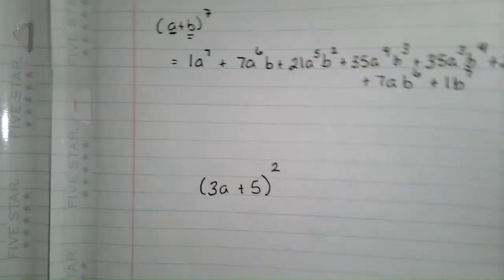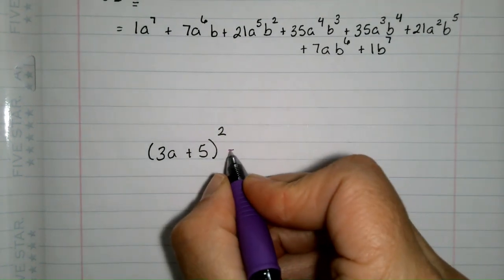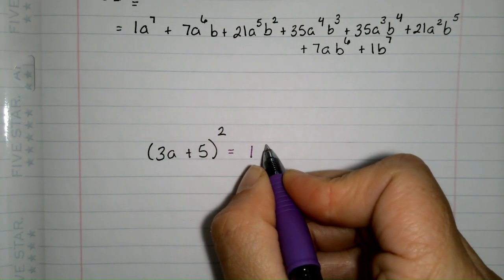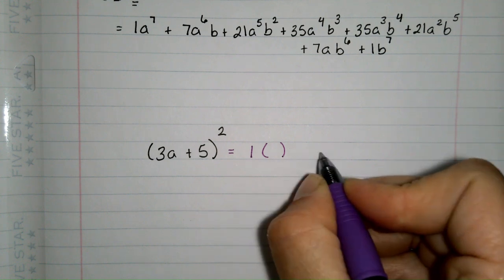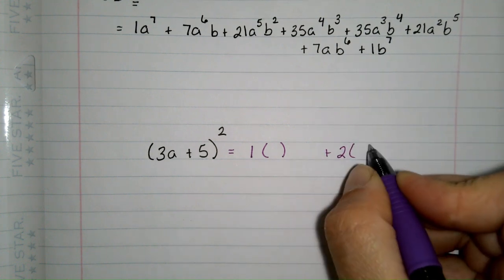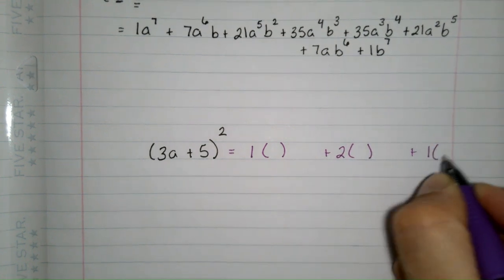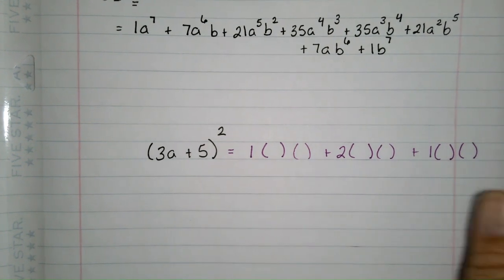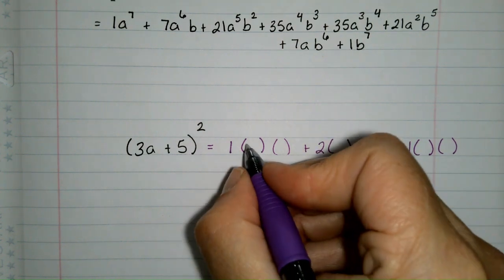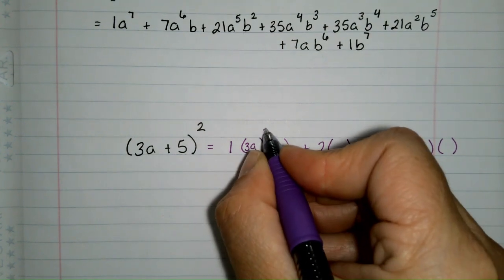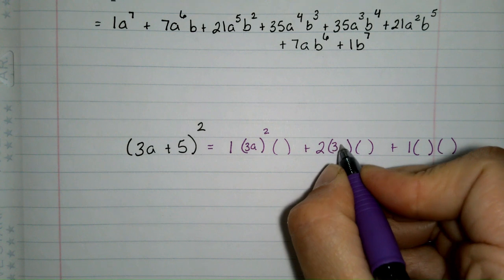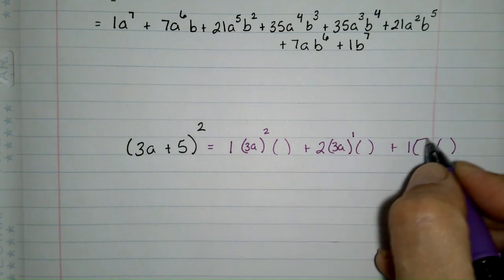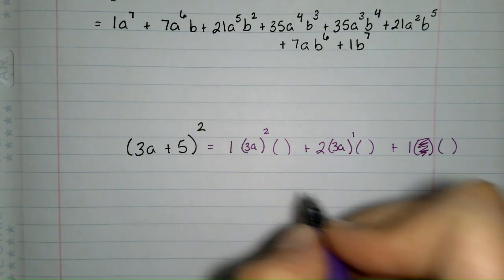So if we're doing to the second power, our numbers are 1, 2, 1. Okay. So from Pascal's triangle, we got 1, 2, 1. Okay, so here our first part is to the second power, then our first part is the first power, and then our first part drops off.